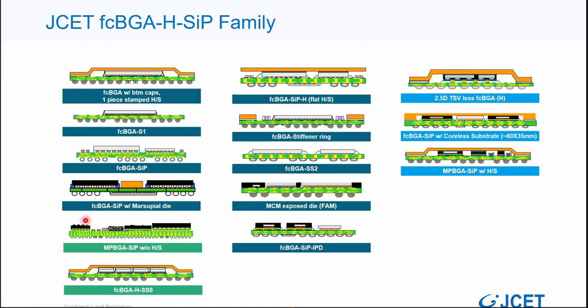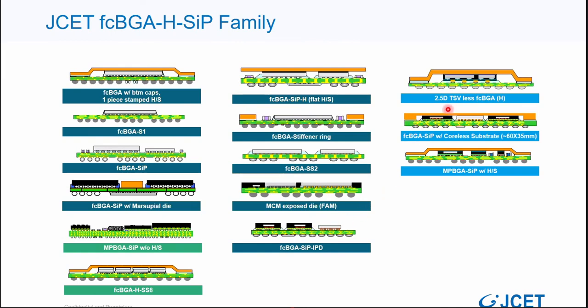We also have different kinds of other components together for automotive application, and also multi-chip FCBGA packages. For the lid type, we have a flat lid and also a ring type with multi exposed die, with film assist molding, and also the SOC pass package type.